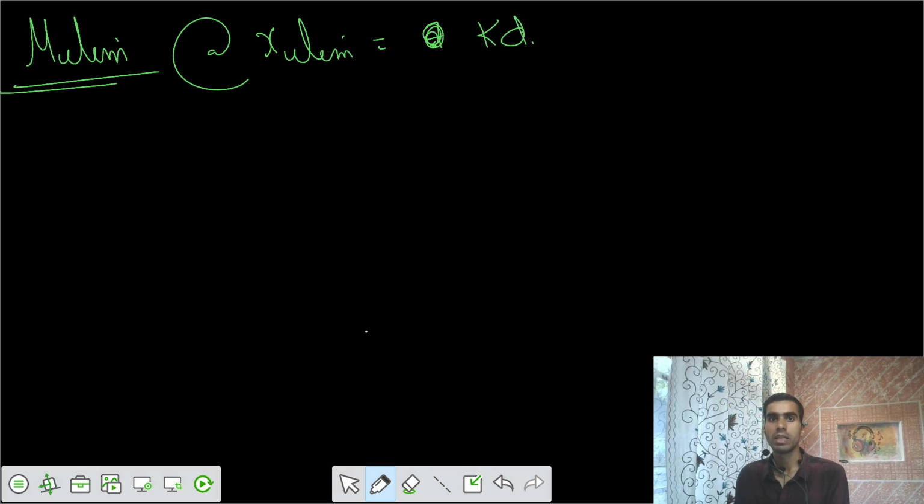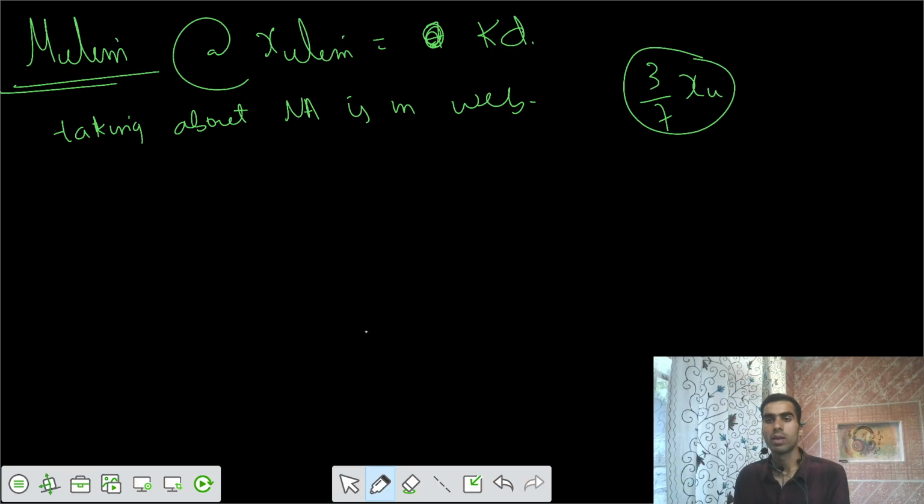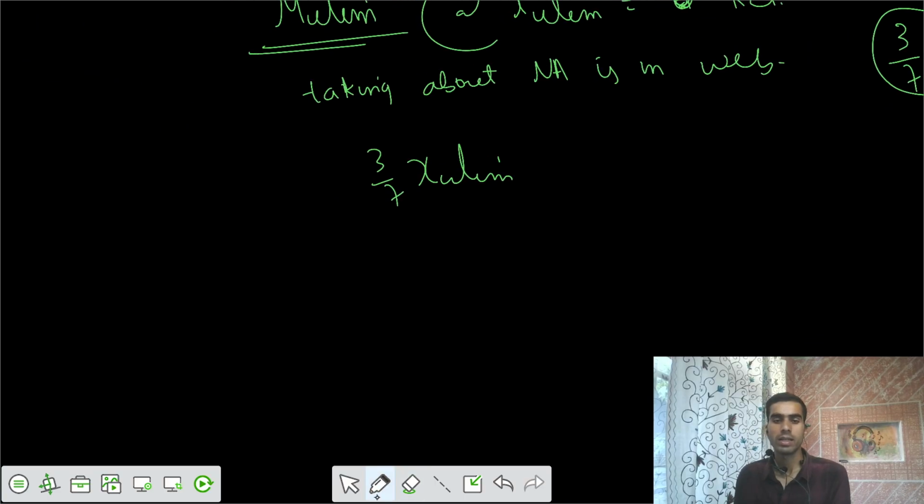That's K times D. And let's say that we are talking about the neutral axis being in the web portion, and we are going to take 3 by 7 of XU as a critical point. 3 by 7 of XU limiting for different grades of steel.